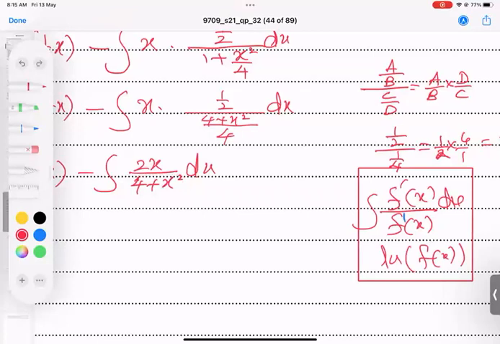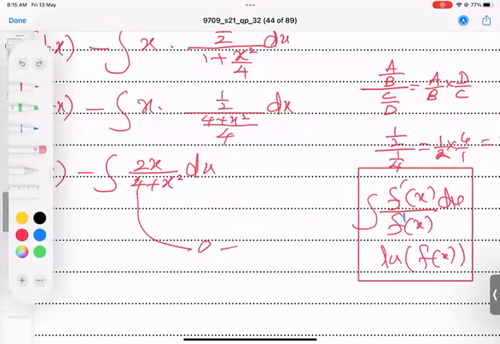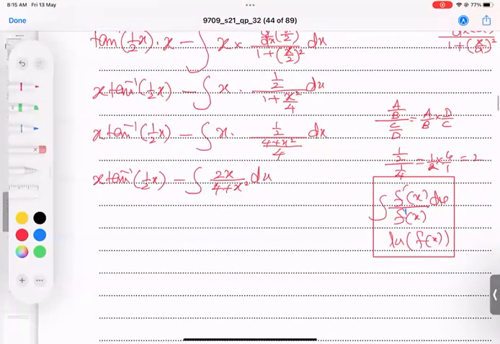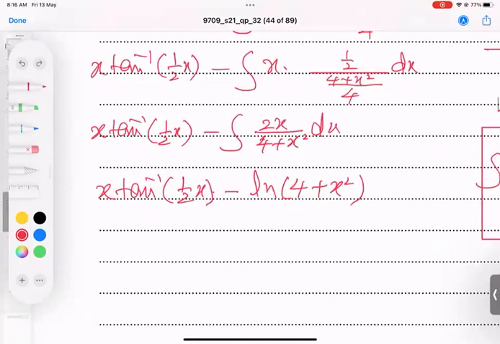Check please. The derivative of 4 is 0, so this becomes 2x. And we have it up. So if we have the derivative available, this is as it is. And here I can see logarithm of 4 plus x squared. And the limits are 0 to 2. Lower limit 0, upper limit 2. You can split them or you can take it all together. No problem at all.